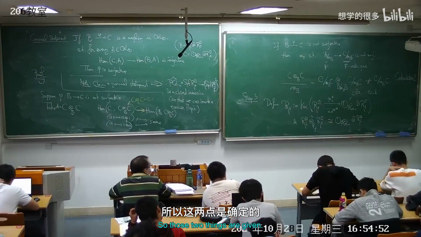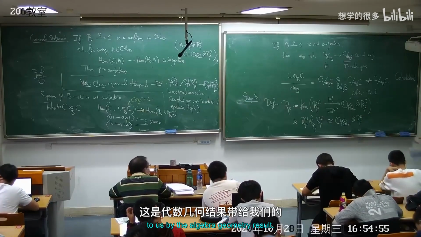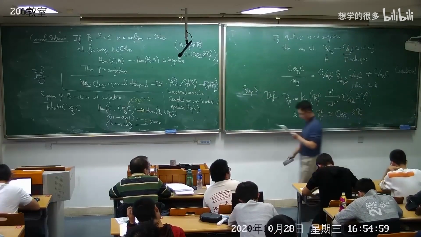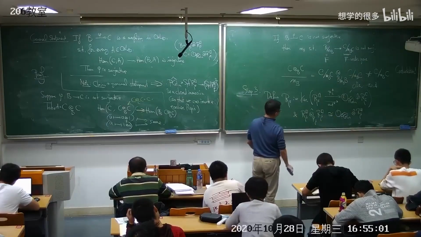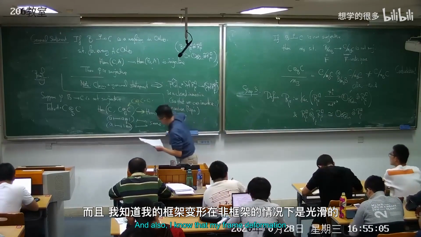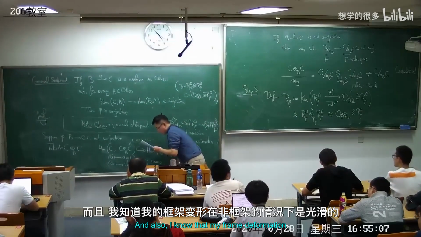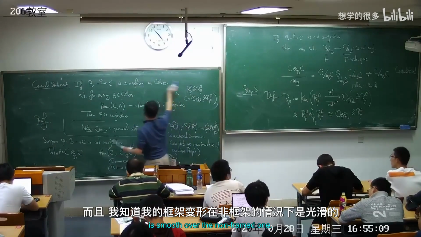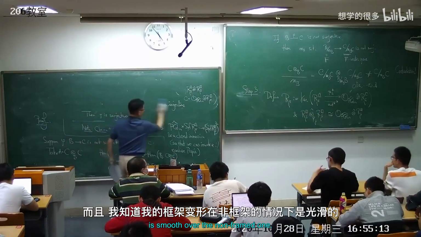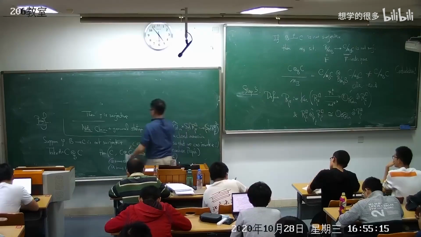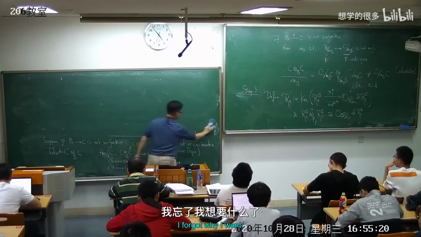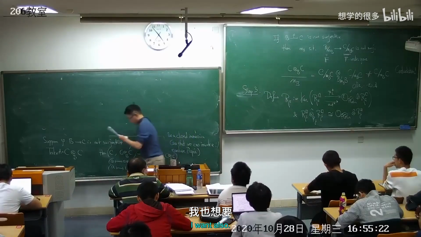Those two things are given to us by the algebraic geometry result. And also, I know that my framed deformation ring is formally smooth over the non-framed one. I forgot why I want this, but I want it also.